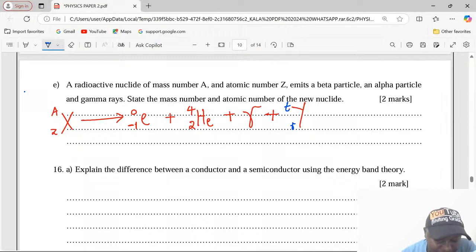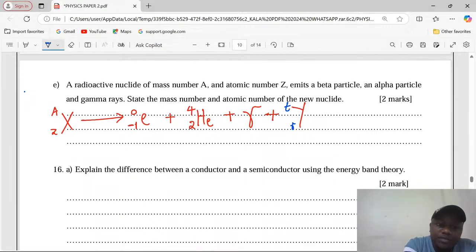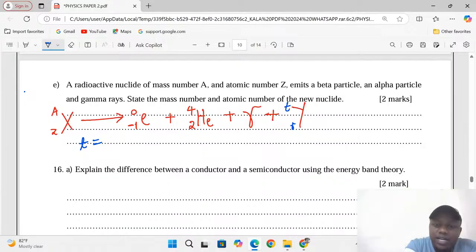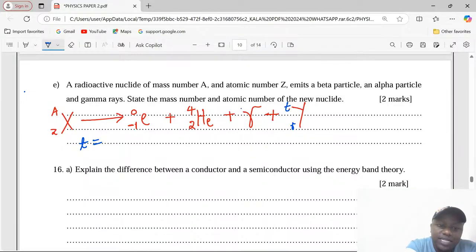On the right hand side of the equation and on the left hand side, we must have equal mass numbers and atomic numbers. So T is going to be, we have a 0 here, 4 and 0, so we subtract them from the other side. A minus 4. Then R, which is the atomic number of the answer, should be all of them added.